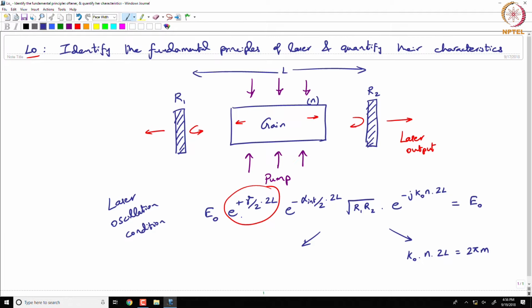So, we can rewrite that. So, basically we are saying that when you are looking at the amplitude, you are saying e power gamma L e power minus alpha int L multiplied by root of R1 R2 should be equal to 1, right. So, those are the two conditions that we get as a result of making sure that the fields are consistent upon a round trip.